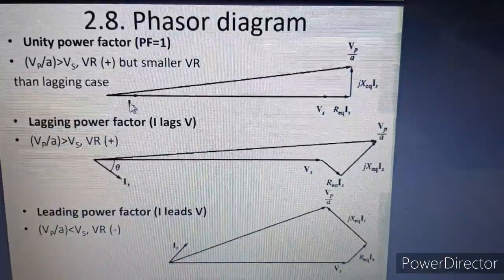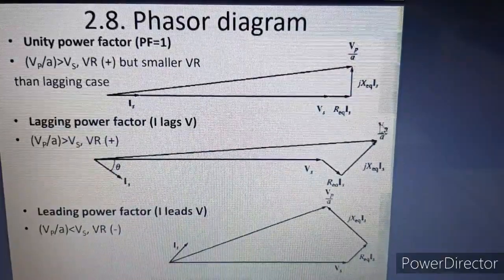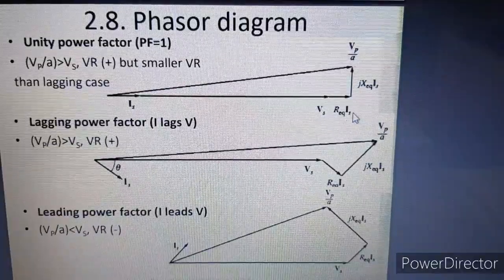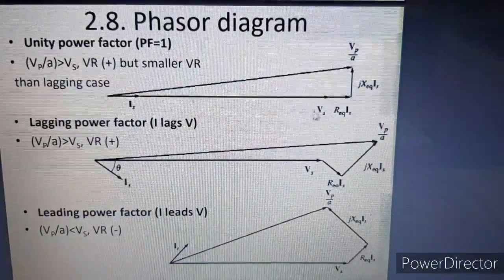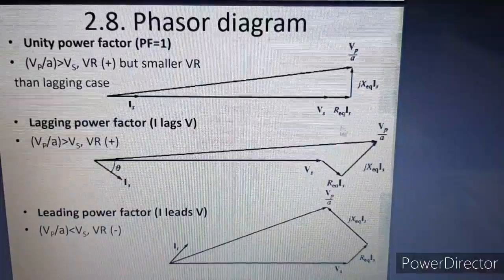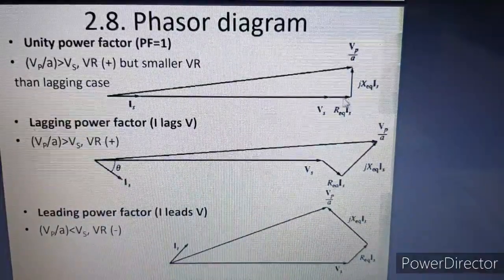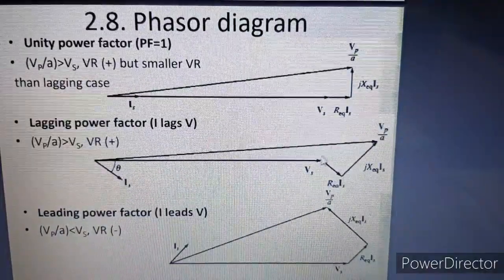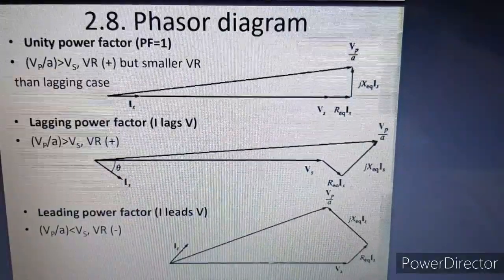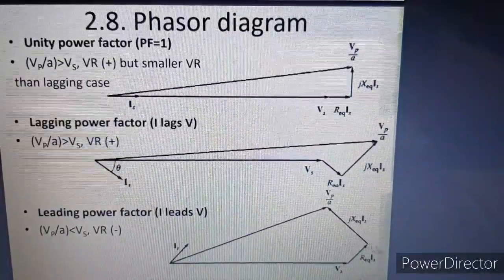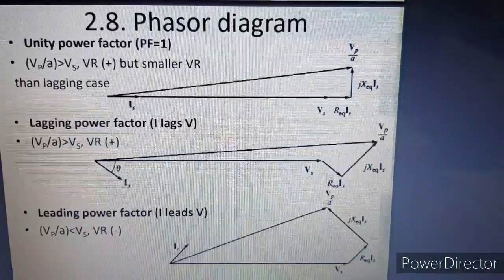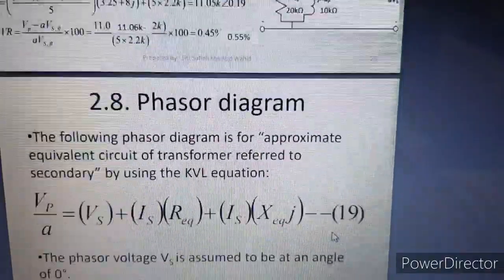You multiply Is, which is also a small value, with R equivalent, which is also a small value. So that second phasor becomes shorter. It might be shorter than your Is, and it's definitely shorter than your Vs.